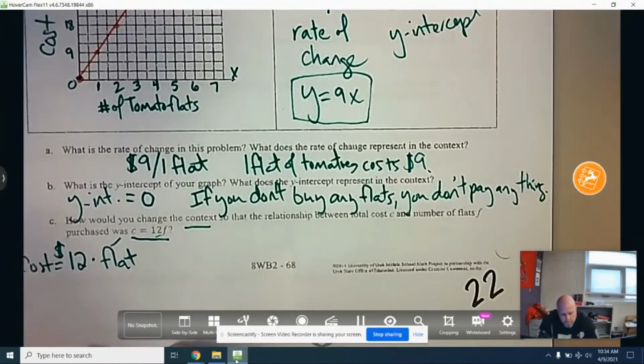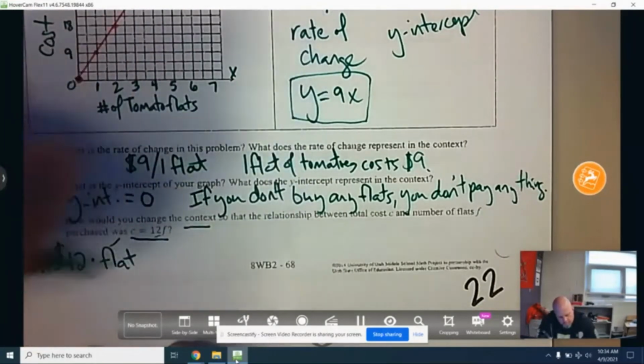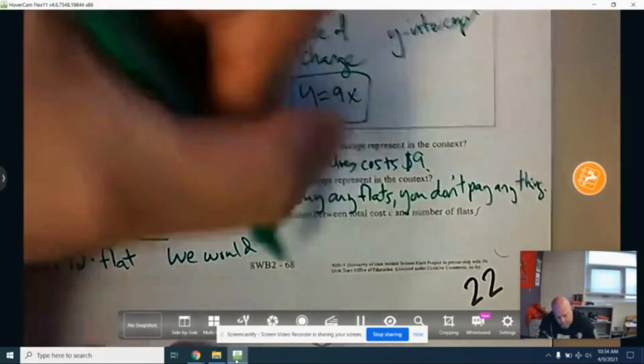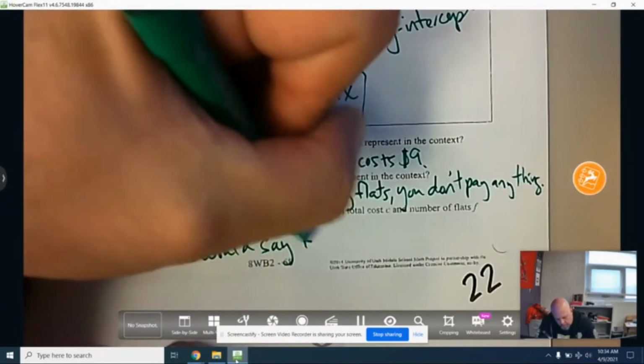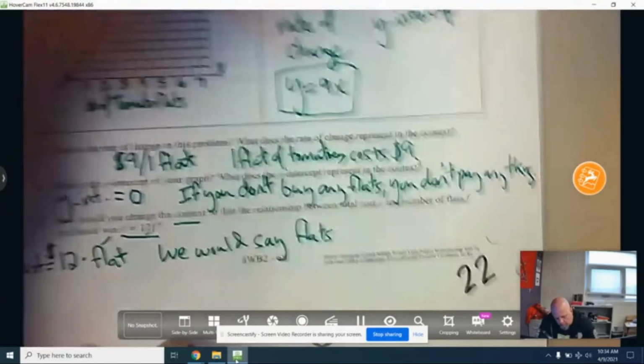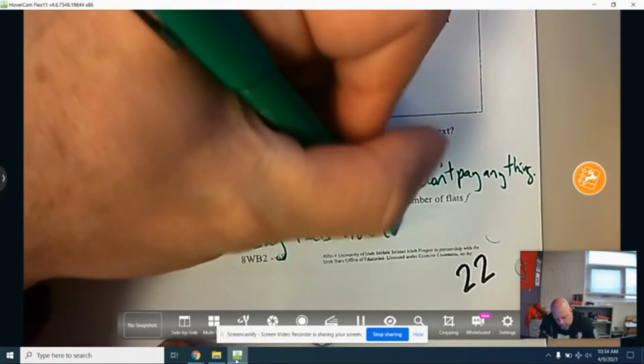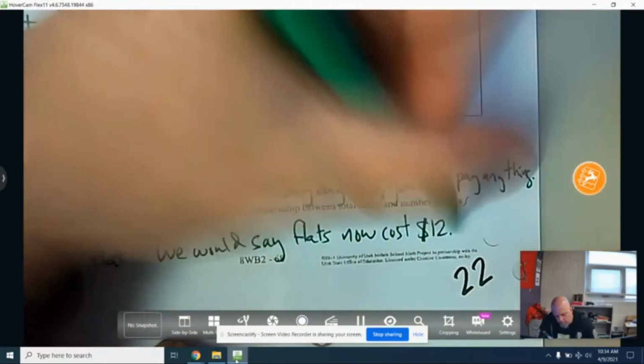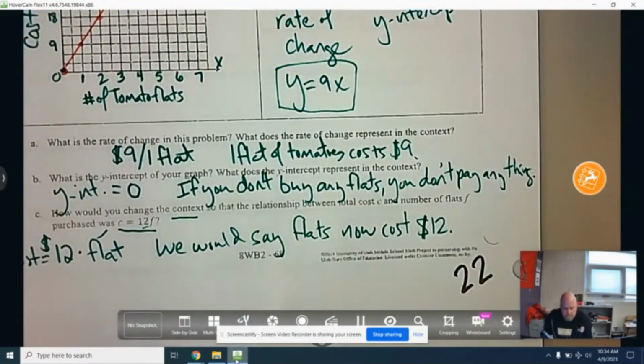So how do we change the story? We would say flats now cost $12. Okay, so to change that equation, we say flats cost $12, not $9.